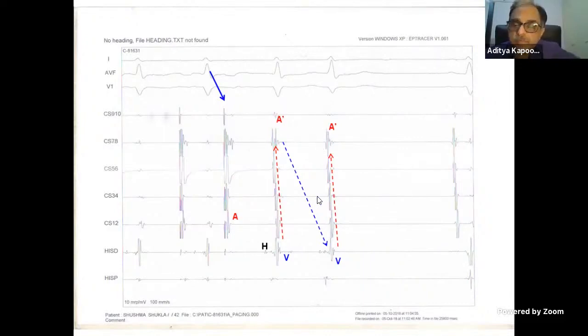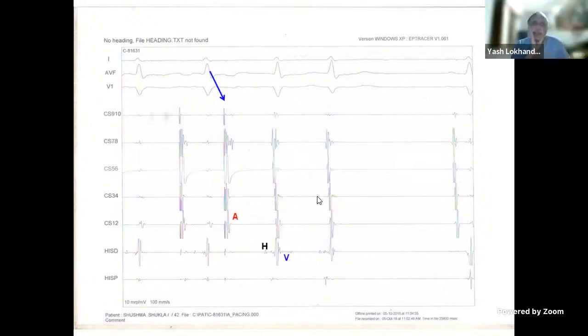Dr. Yash, Dr. Vivek, maybe you'd like to comment. So looking at the surface ECG, we must first be very clear about the pacemaker spike. The pacemaker spike is seen very well over there, and there's a normal PR interval. And see the next pacemaker spike, and again with the QRS, it's a very long PR interval.